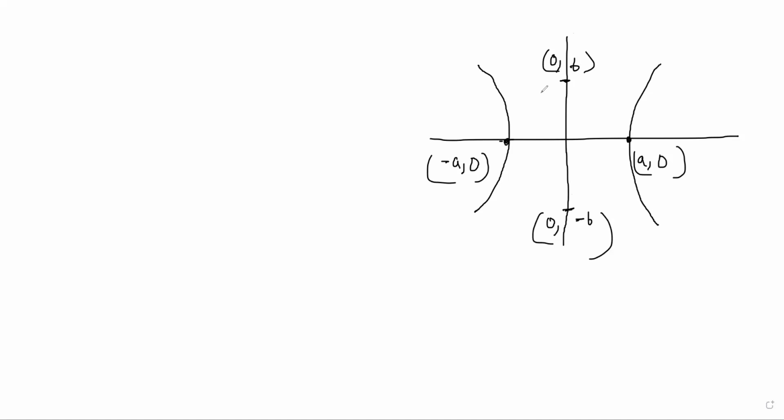What is the significance of this b point here? Because it is not part of the curve. On an ellipse, it was clear what b was because b was lying on the curve. Here it is not lying on the curve. So what does it mean?